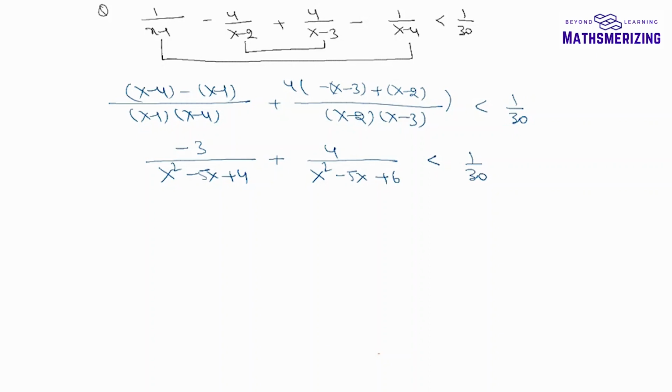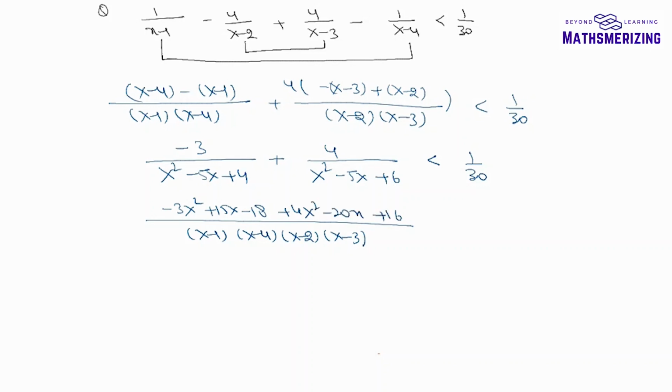So if I take the LCM and then solve it, I'll get (x-1)(x-4)(x-2)(x-3), and then here I'll get minus 3x square plus 15x minus 18 plus 4x square minus 20x plus 16 is less than 1 by 30.